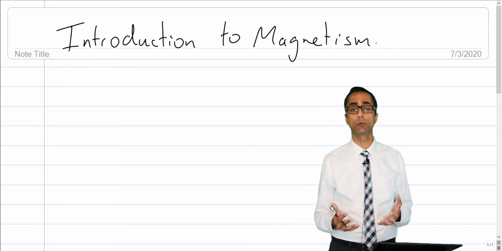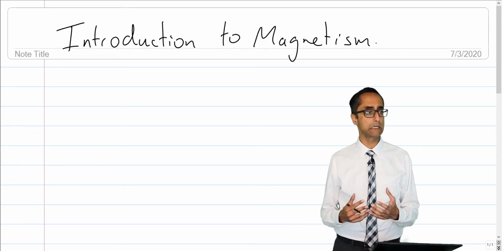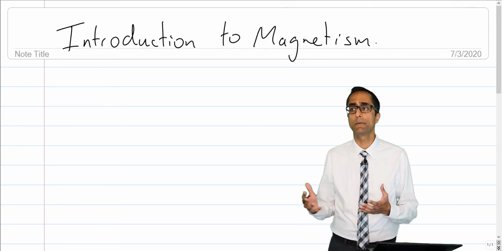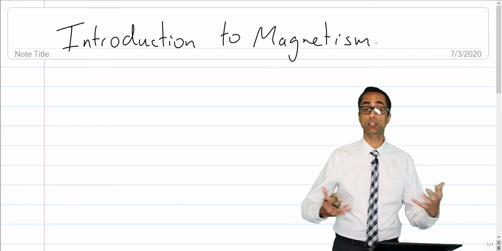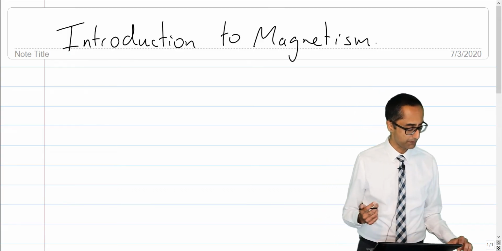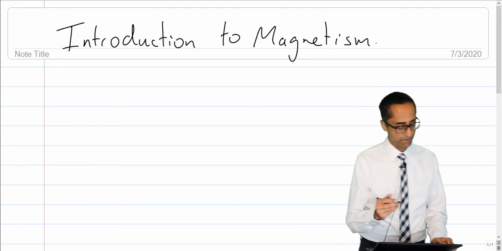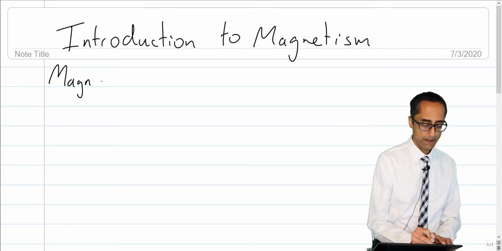Certainly we're familiar with those as well. And so we do find materials that show magnetic properties, as well as artificial ways of making magnetism throughout our lives. And so we're going to try to divide some of these types of magnets up so we can understand them a little bit better.